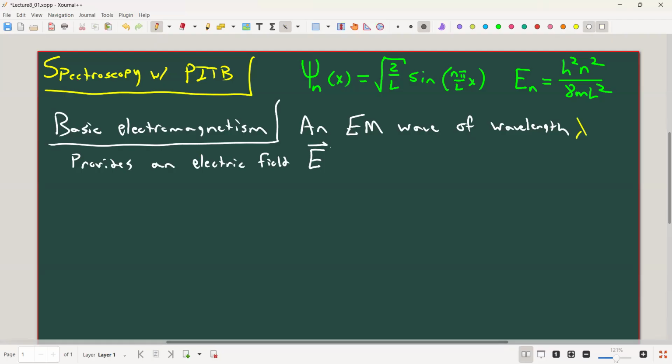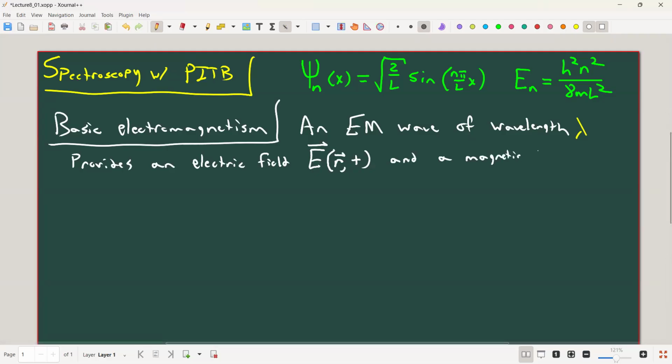It's a field of vectors. So each position in space, r, has a point in the electric field. Maybe there is some voltage there, maybe there isn't. And it also is time dependent, so time is an argument. And it also provides a magnetic field, B of r comma t. Oh, sorry, t is not a vector. Apologize. Okay. So anytime you have an electromagnetic field, you get both.